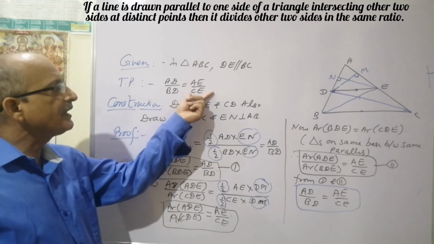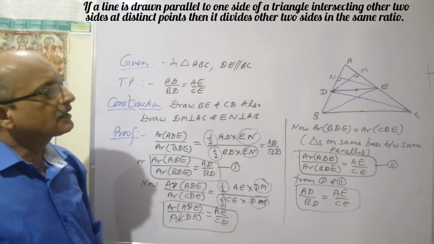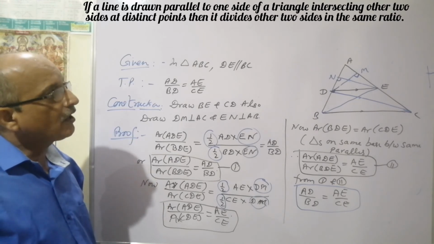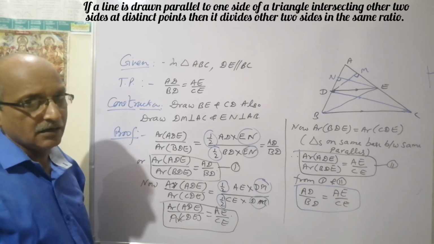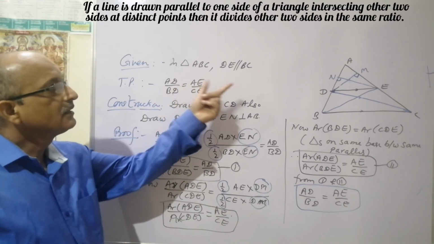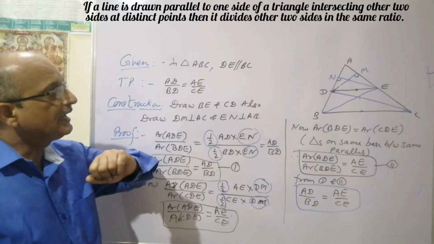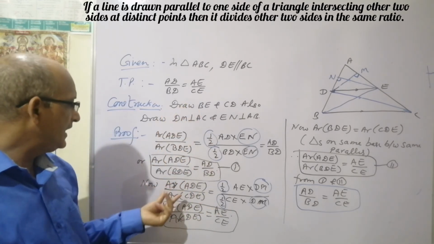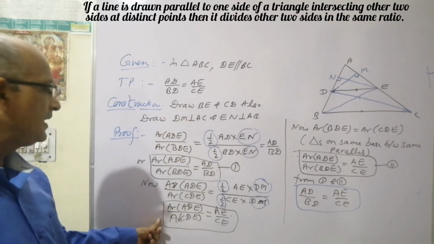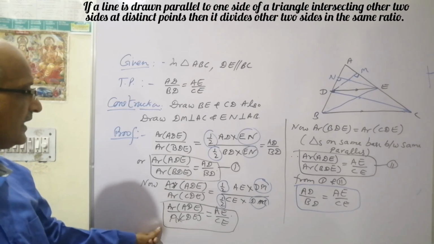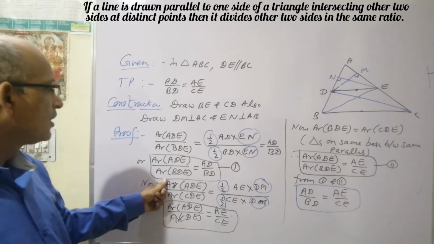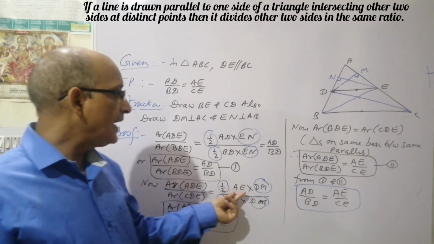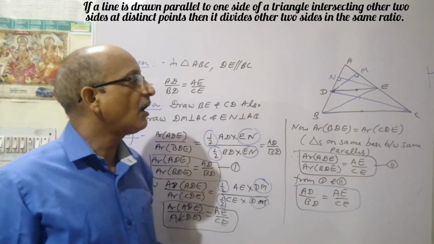Now the next requirement is AE and CE. Look at the figure again. What is the need? We need to take ADE and CDE, because AE is a side of ADE and CE is a side of CDE. So the area ADE upon area CDE we have taken here. Now for area ADE, we need AE.